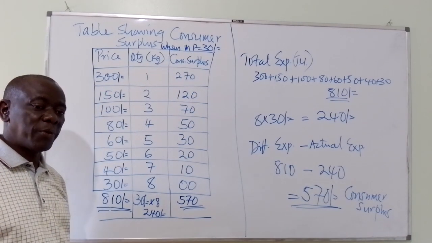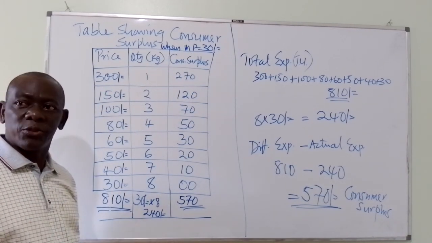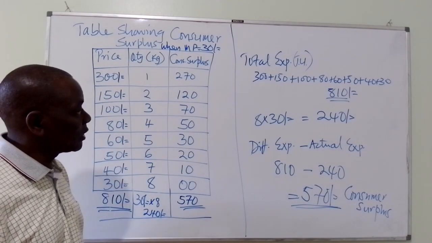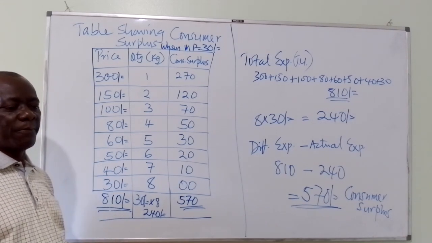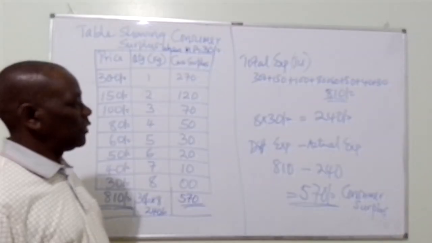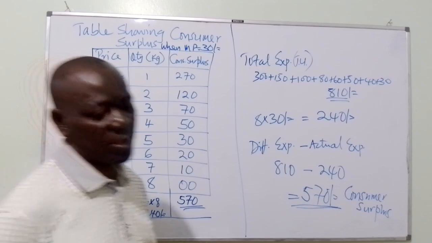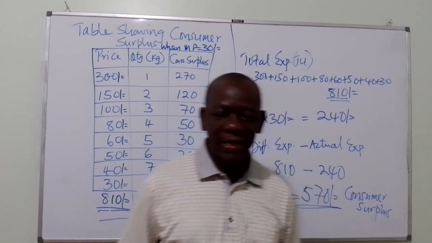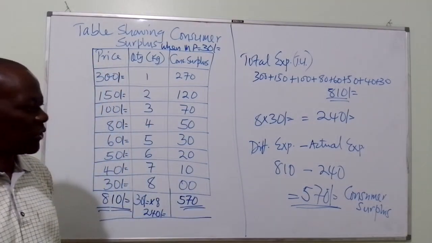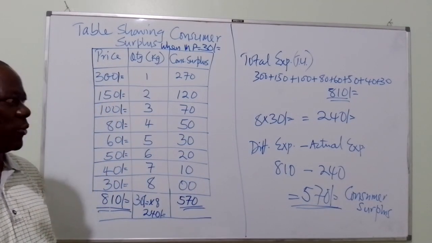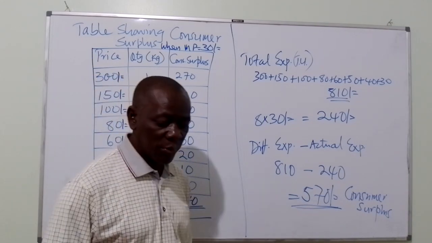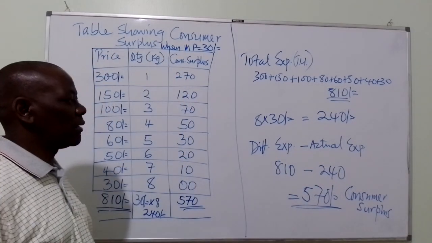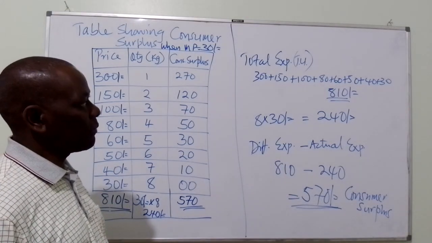There's no way you are going to calculate the actual expenditure unless you get the market price. So without the market price, there is no way you can get the actual. Market price is the one which is going to give us the actual. So this is what we call the consumer surplus.